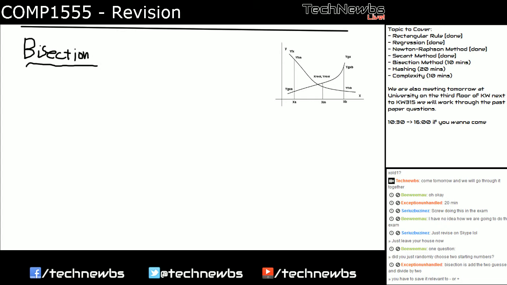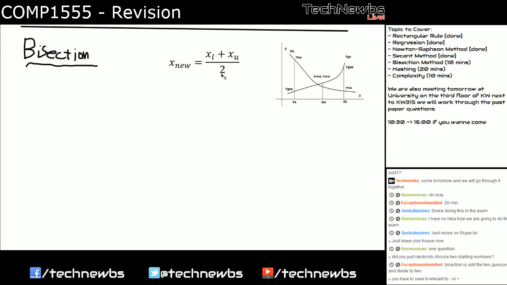Where's the thing for the x new? Okay. So this is how to find the x new.